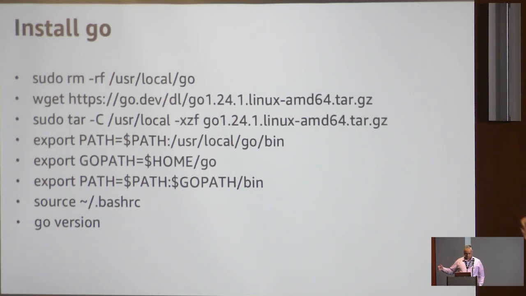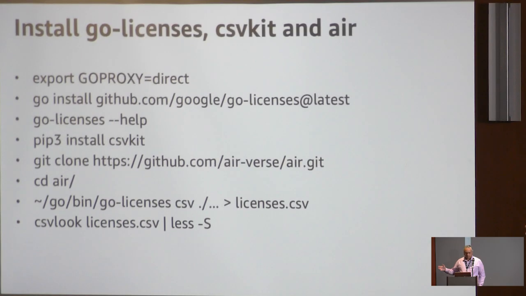So first I had to install Go on my system. Once I had Go running, I installed Go licenses, and again CSV kit to generate my clean output, and the Air package. Once I had those installed, I was able to generate a license.csv file here as well.